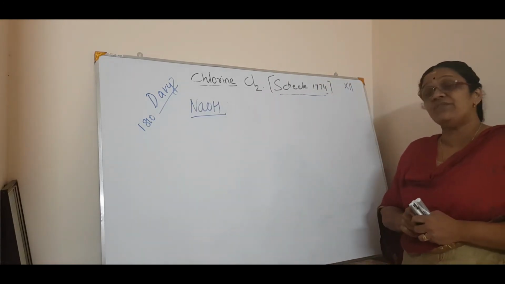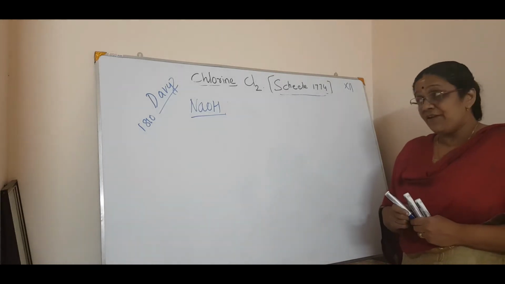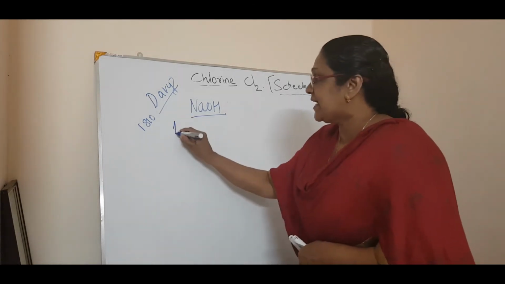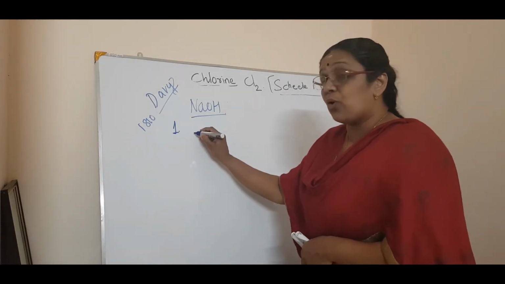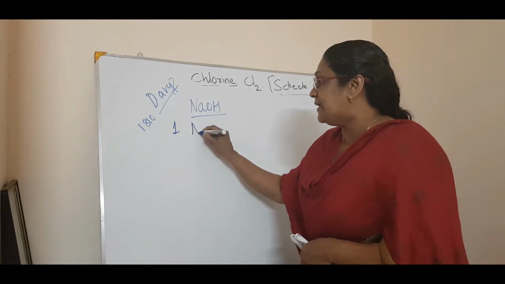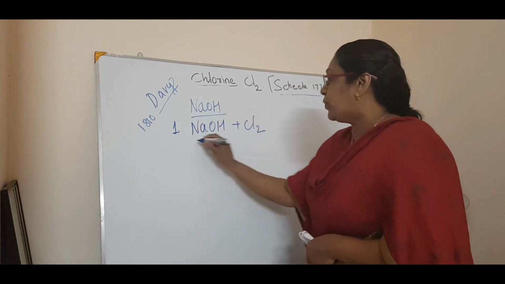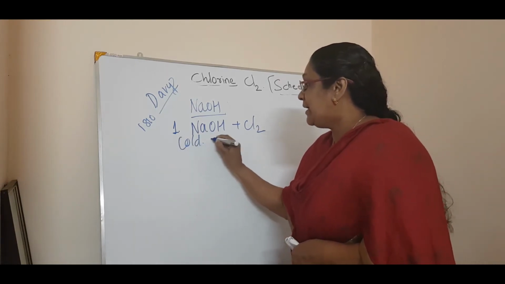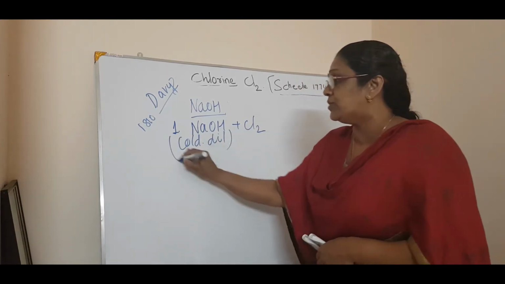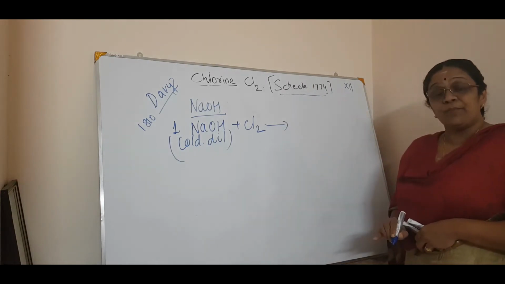See, this is also very important. In the first case, if you use cold and dilute alkali, when NaOH is reacted with chlorine, the product is different.